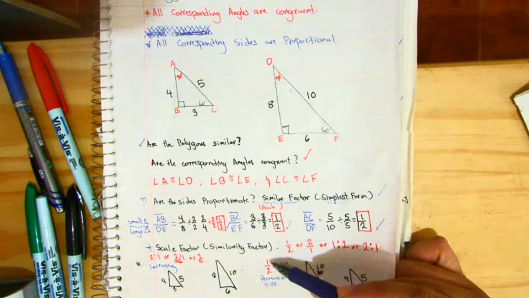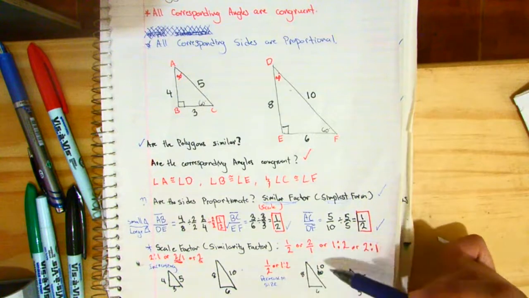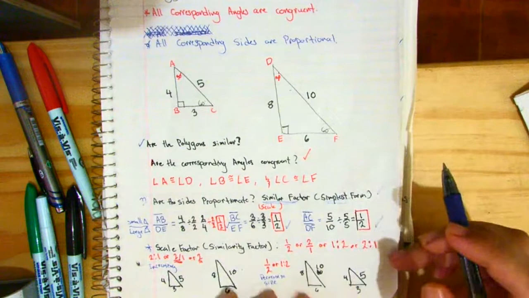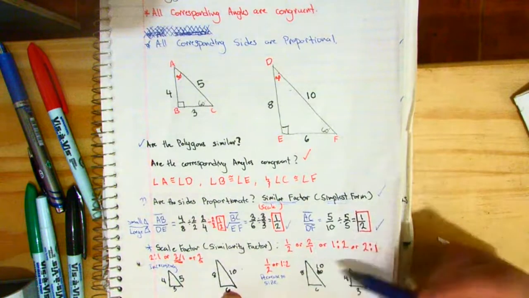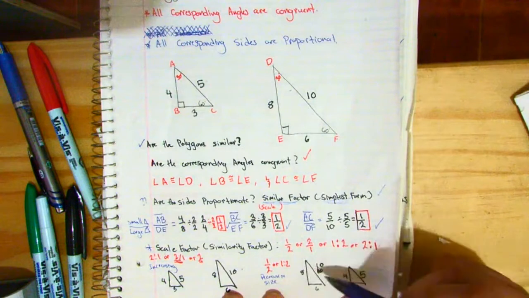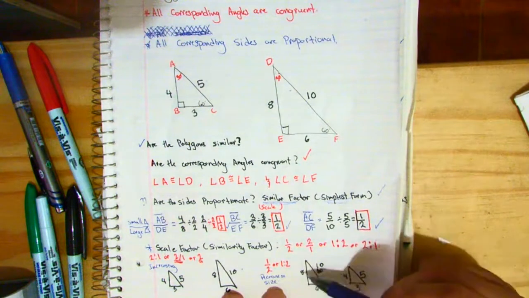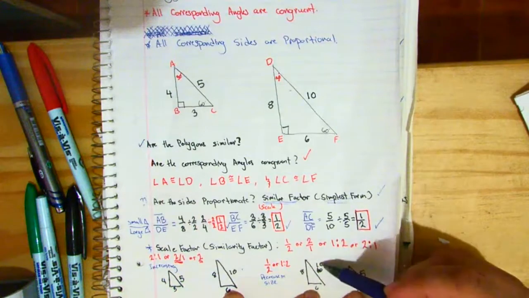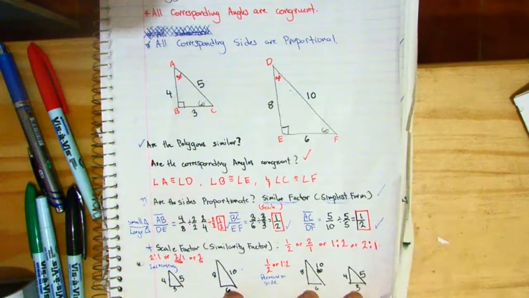If the numerator is less than the denominator, it indicates that it's decreasing in size. When the numerator is larger than the denominator, it's increasing. That's an improper versus proper fraction, whichever you want to call it. Looking from left to right, the scale is 1/2, because in the diagram the triangle is decreasing. Half of 8 is 4, half of 6 is 3, half of 10 is 5. Okay?